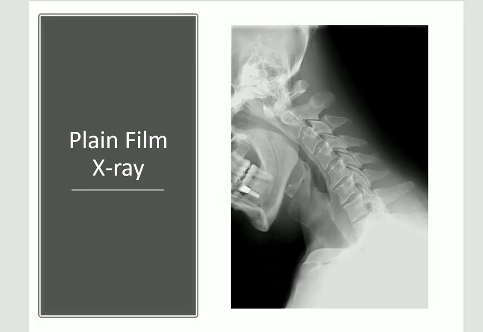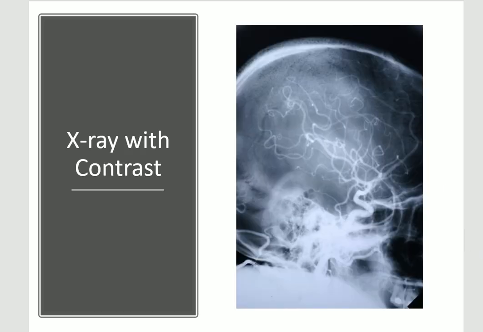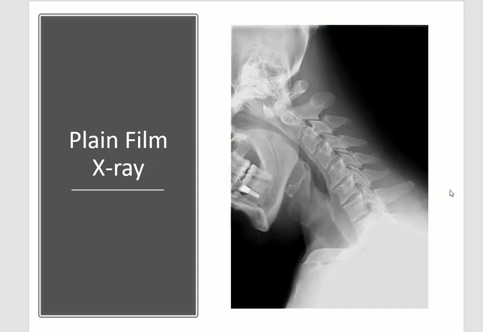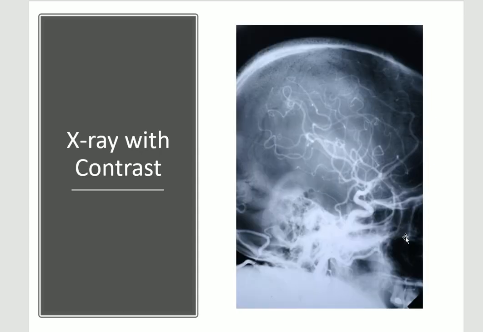This is a plain film x-ray, so you can see bone is pretty easy to see here, and you can see this person has a filling, which is metal, a lot more dense than bone. This is an x-ray with contrast, so you can see all of the blood vessels. This one you can't see any, no contrast.